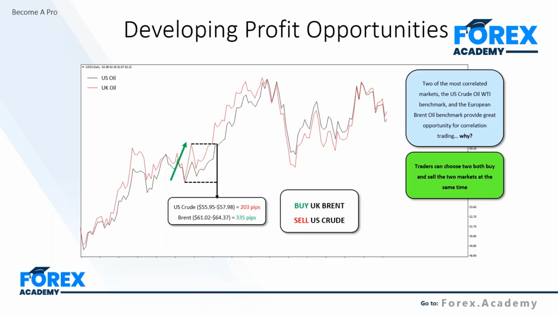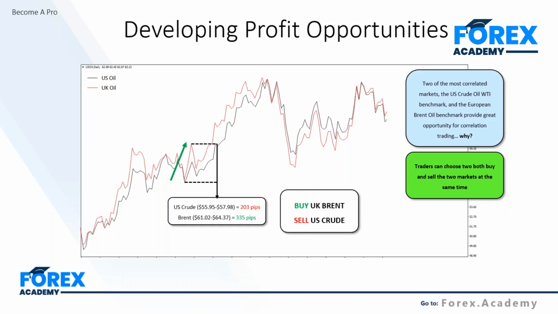How could we perhaps trade this? Well, here's a hypothetical example again. We look to get long this market. We could suggest that our analysis says these markets are going up, but there's likely going to be a lot of volatility. How can I protect myself and get a trade off? Well, let's say we actually look to buy UK Brent and sell US crude oil. Okay, so we're short the US crude oil market when it's going up.